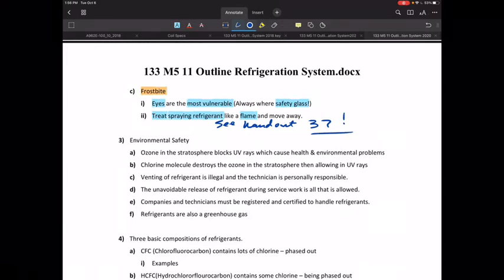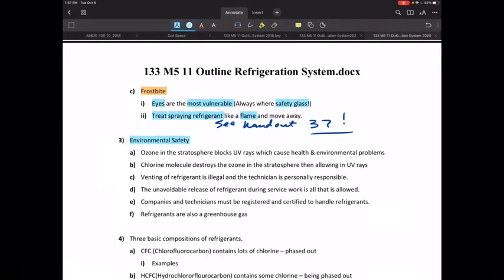Okay, well, how about environmental safety? One of the things about refrigerants that's not such a good thing: for quite some time, going back to the 60s and 70s, they suspected that refrigerants were creating a problem with ozone depletion.